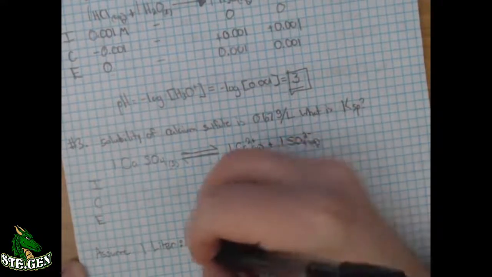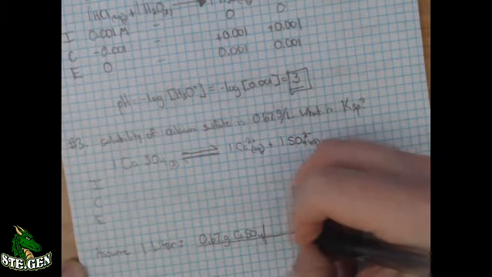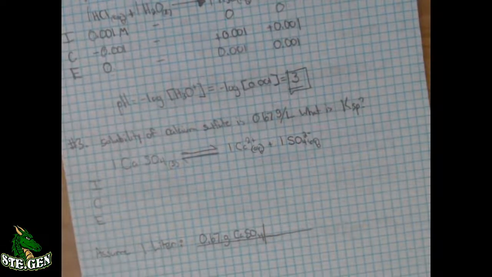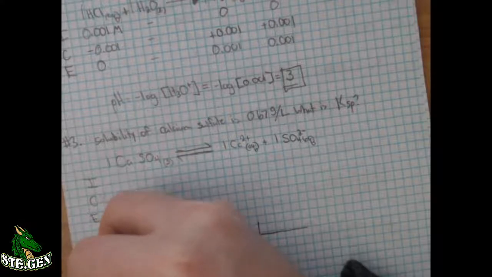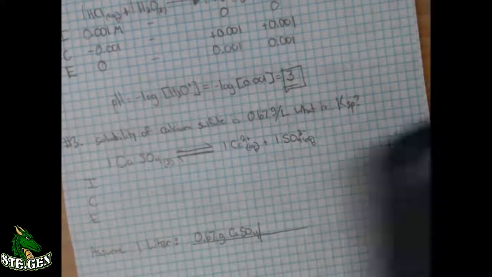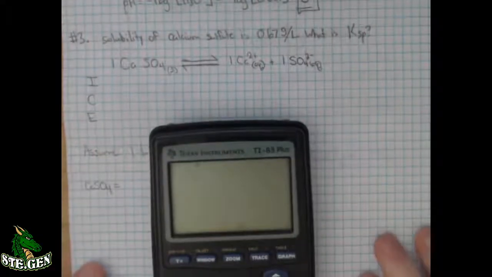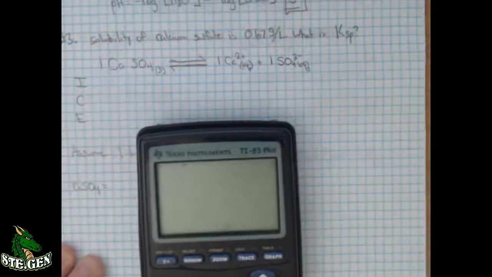sulfate, of CaSO4. And if we know that, let me get my periodic table out here, because we're going to do some stoichiometry. I know that my calcium sulfate has a molar mass. I apologize if that had been off screen the whole time.